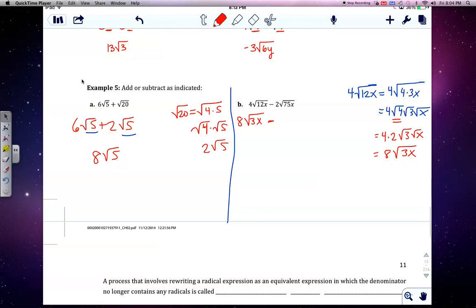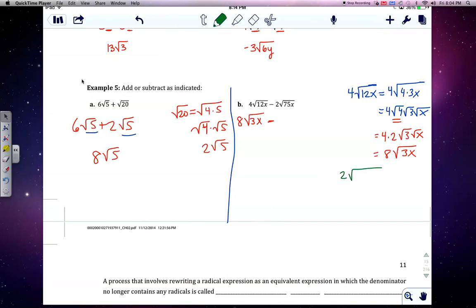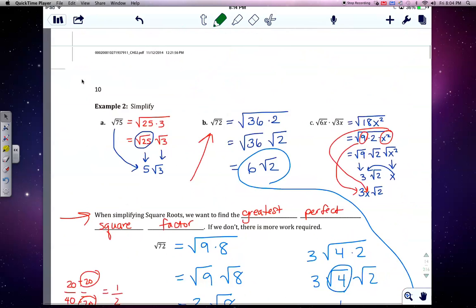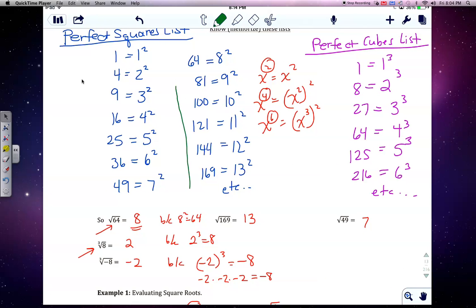Minus, and I'm going to go ahead and look at 2 square root 75x, same as 2 square root of 75 times x. Again, you can go back to your list up here. 75 is made of a perfect square. These are all way too big. Way too big. Way too big.